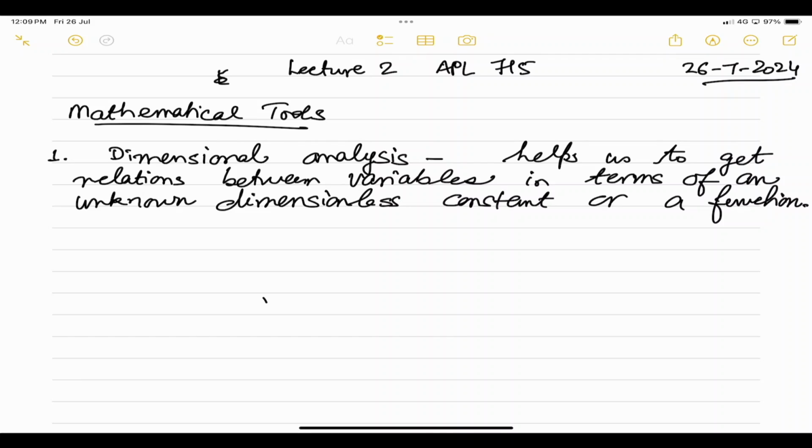That is what we are able to achieve with dimensional analysis, and we will soon see, maybe in the next lecture or the lecture after that, how we use dimensional analysis.